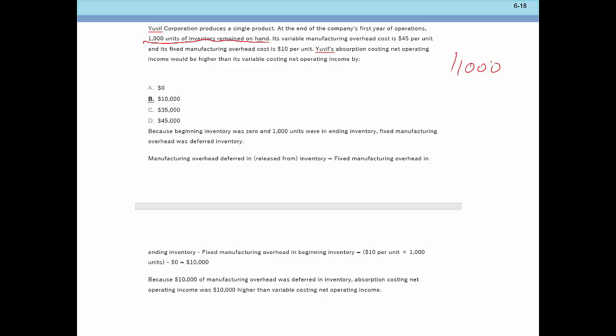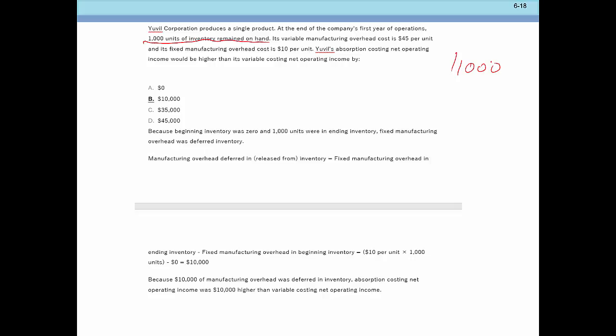And they want us to tell them how much higher the absorption costing net operating income would be than variable. They're helping us out by telling us it's got to be higher. I was thinking this would be a better question if they gave you higher or lower, right? So you have to know what to do with that change in inventory.